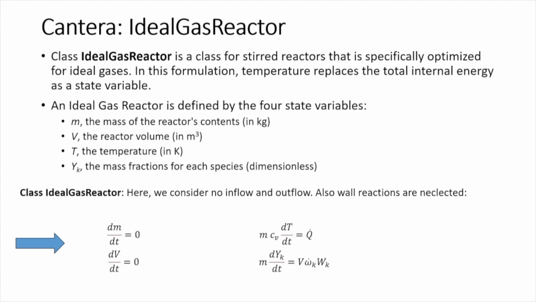And the advantage of the constant volume reactor is the total mass stays constant. There is no inflow, no outlet, so no change in total mass. Of course we neglect any wall reactions and so on. It's just a homogeneous system, and the volume is constant, so there is no change in volume.